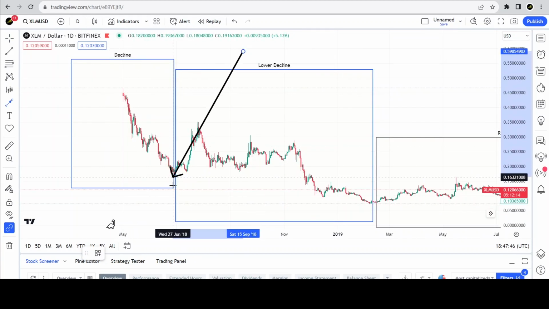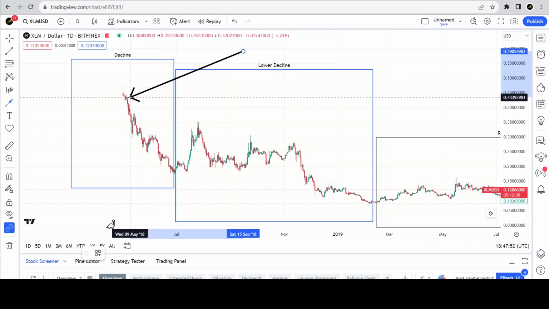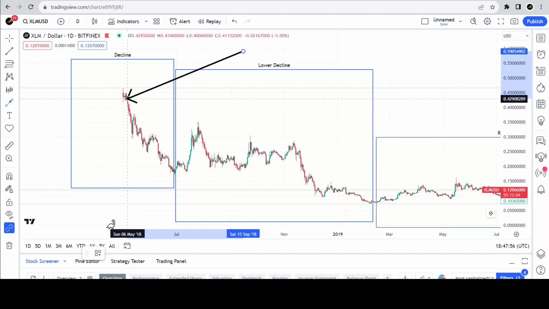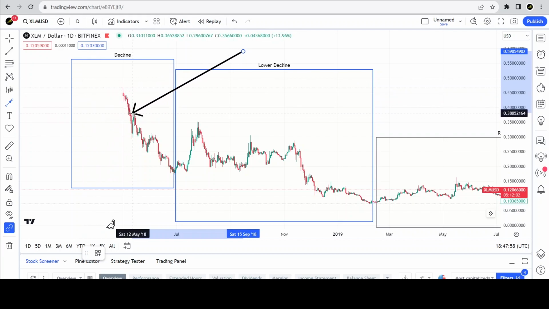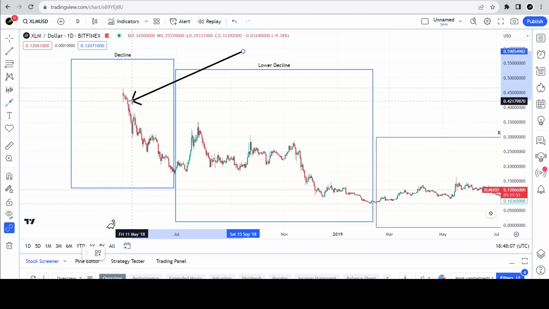So this box here labeled decline is part. It's not the full structure. It's only part of the structure. It later is repeated and we will see the full structure, and we can compare the later iteration of this structure back to this structure.